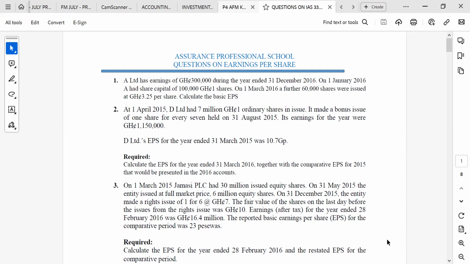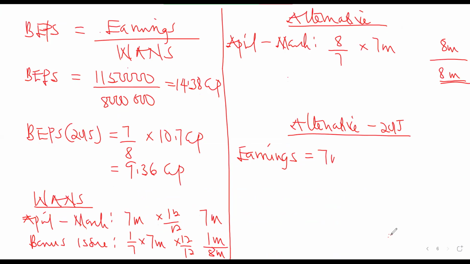Okay. So we'll be having the number of shares, which is 7 million multiplied by 10.75 pesos. What are you getting? 74.9. Okay.